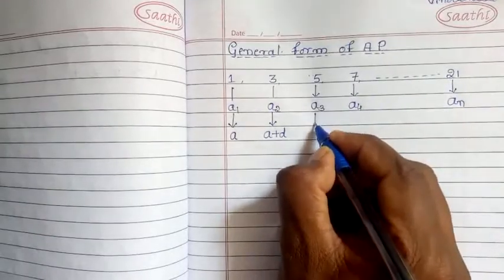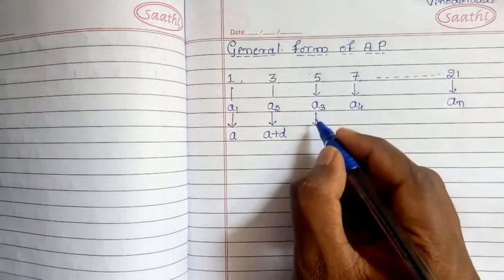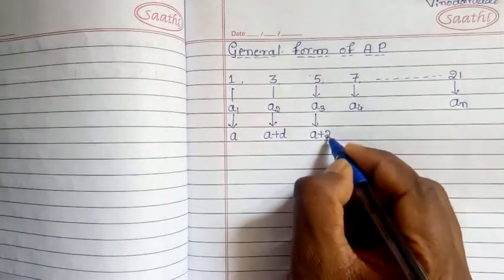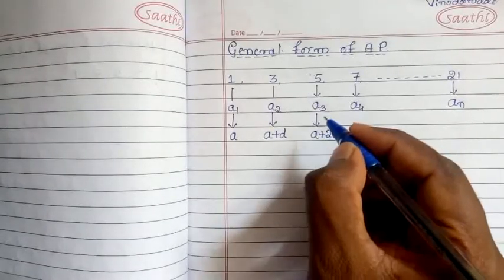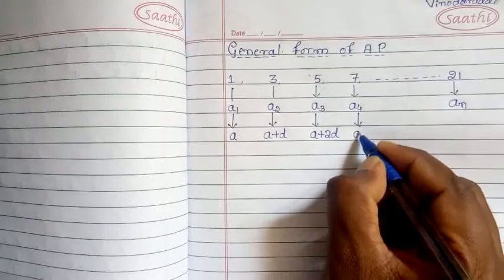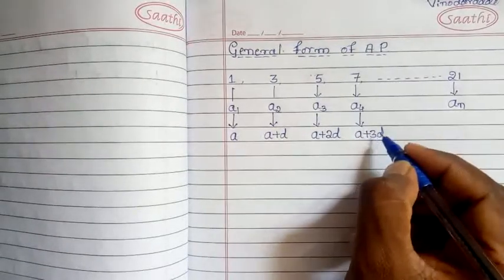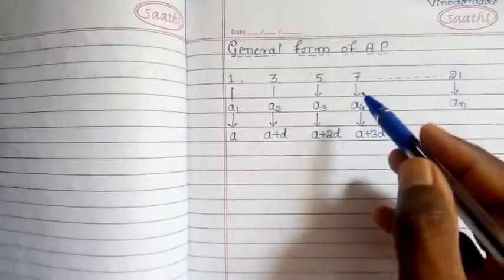The next, the general form of the third term is A plus 2D. A plus 2D means the general form of the third term. The next, the fourth term, that is A plus 3D. A plus 3D is the general form of the fourth term.